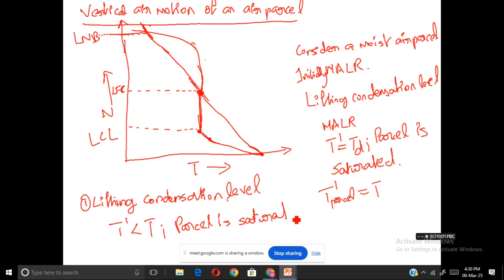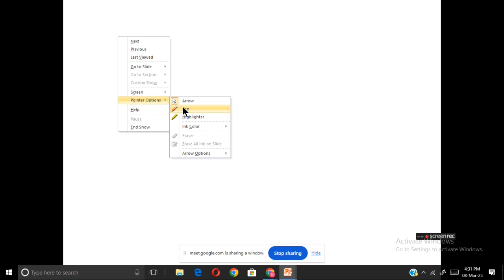Before LCL, it was moving according to the moist adiabatic lapse rate. Above LCL, condensation will start occurring. The lapse rate at which the temperature reduces will become the saturated adiabatic lapse rate, which is less than the moist adiabatic lapse rate, and there will also be an additional supply of heat to the parcel due to the latent heat of condensation.